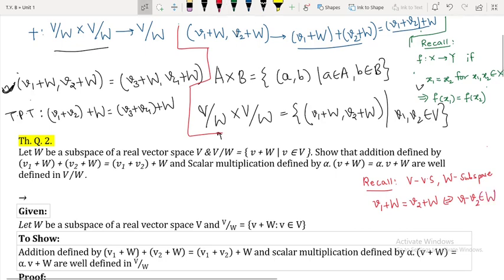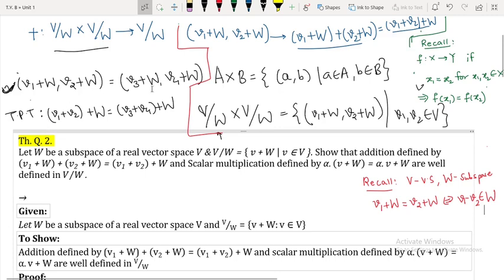So if two cosets are equal, then the subtraction of the representatives should belong to W, or the other way around, if the subtraction of two elements of V belongs to W, then V1 forms one coset, V2 forms the other coset, and these two cosets will be equal, okay?